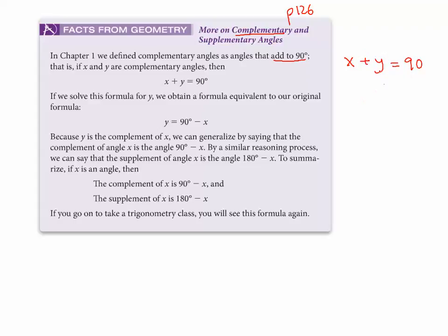So how would we solve this for y? Maybe okay with subtracting x from both sides? So y equals 90 minus x. How's that more helpful? Is because if I have one angle already, I know to just plug it into here and I get my other angle right away.